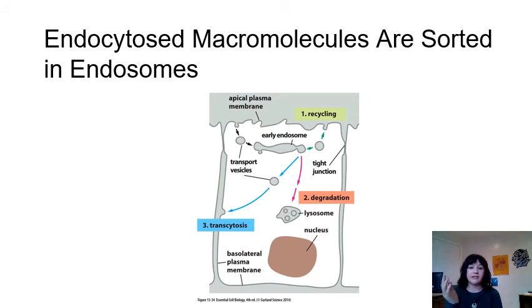So if the cell needs to move that protein that's inserted in the apical membrane, what it will do is transcytosis. It will endocytose that receptor, that transmembrane protein. That vesicle will go to the endosome, and then that vesicle, instead of going back up to the apical membrane, can go to either the lateral or the basal membranes, which is pretty neat.